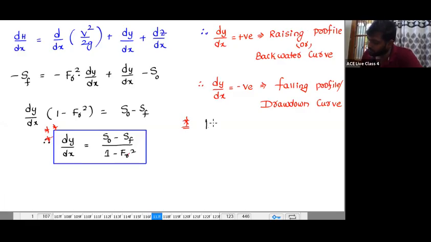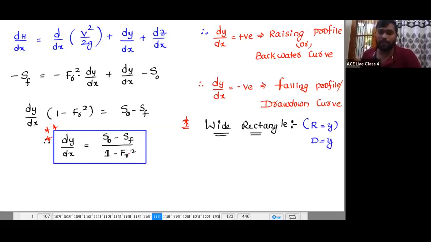Now, in the case of a wide rectangle, as you know, most of our analysis is about rectangular channels only. In the case of a wide rectangle, the hydraulic radius is equal to y and the hydraulic depth is also going to be y. Now, go back.